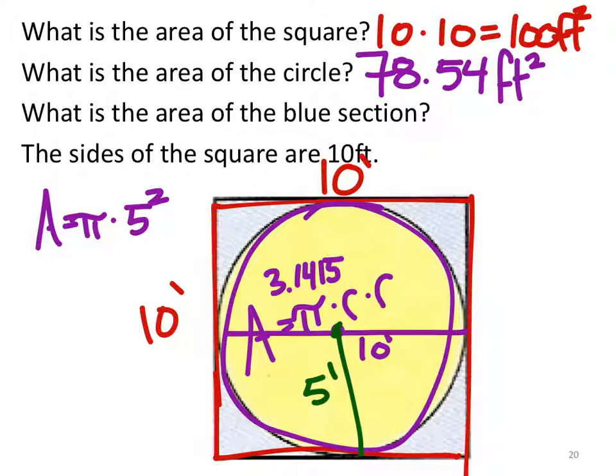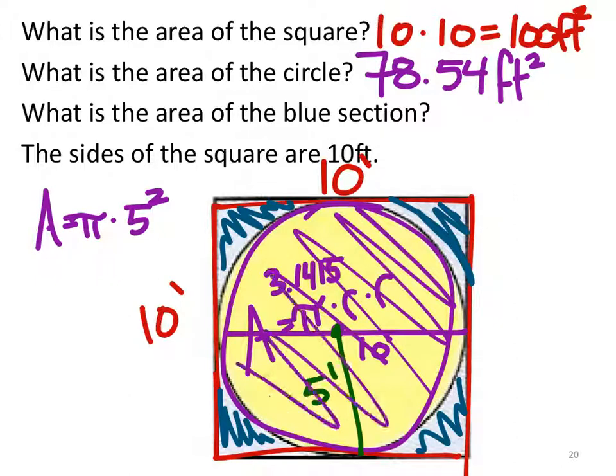Well, this wants the area of the blue section, which is really the area of the square if you take away the area of the circle, right? So we're going to take out all the purple area right there. Now this may seem a little confusing, but we know right now what the area of the circle is, in the purple there, and that's 78.54 square feet.